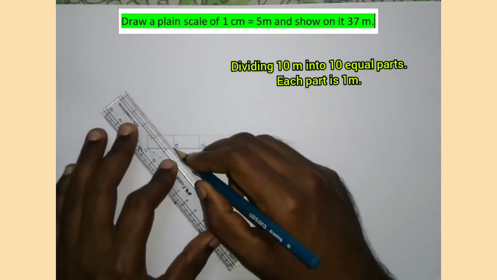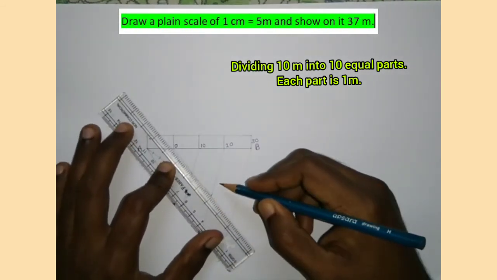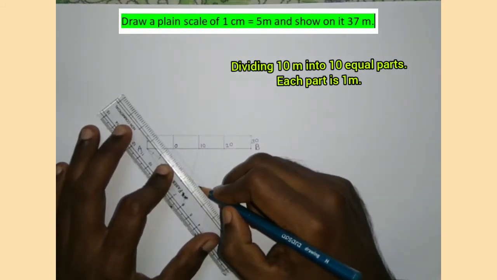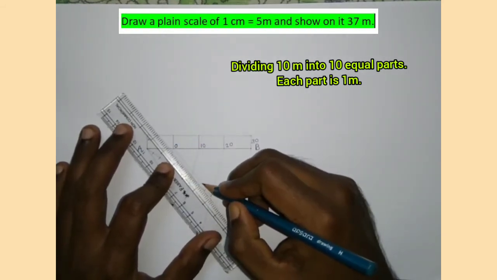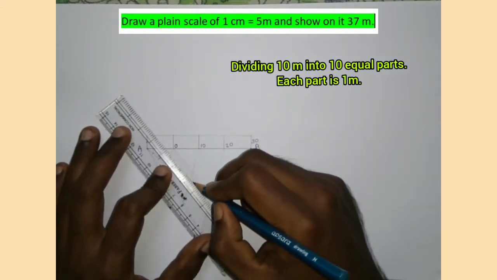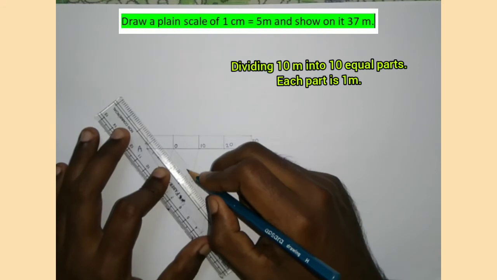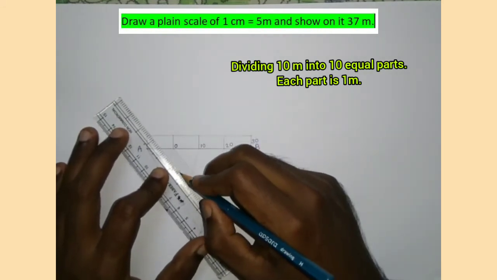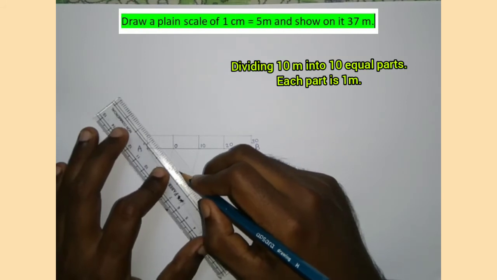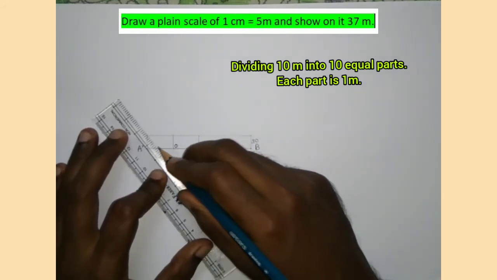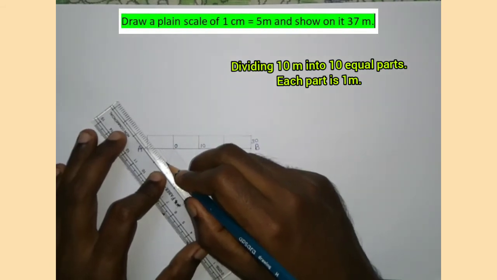And now I am joining point 0 and the final arc, and then I am drawing the parallel lines. We need to draw a total of 10 parallel lines. All these lines are construction lines, therefore you have to draw them using a 2H pencil.